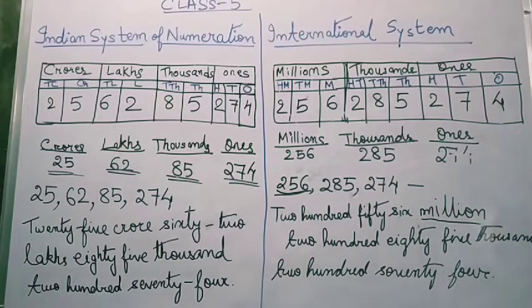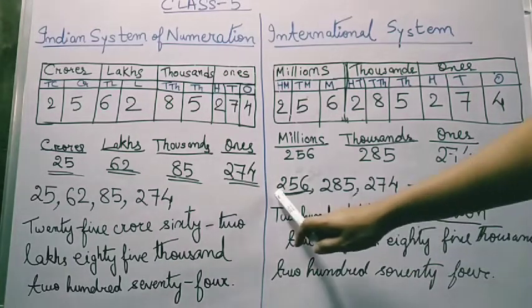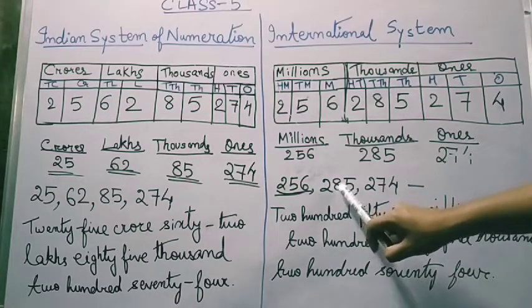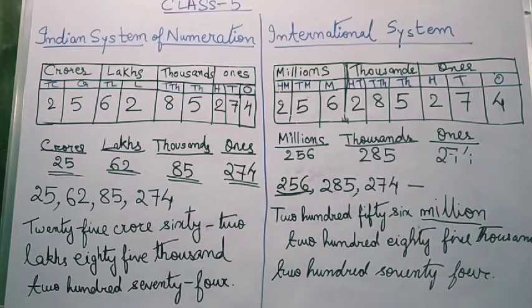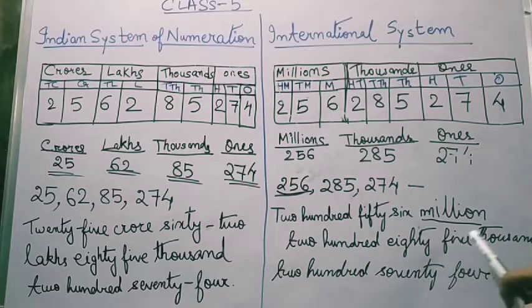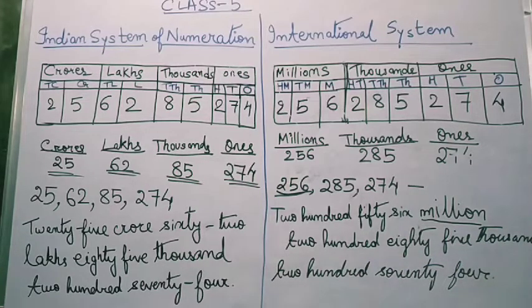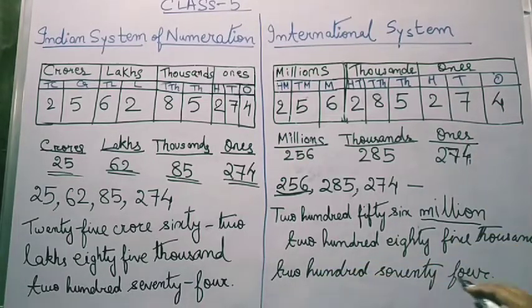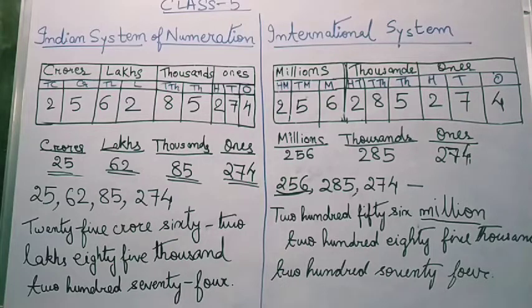In millions place. Yes or no? So, you will write 256 million. Then 285 in thousands place, 285,000. Then in ones place, what is the number? 274. So, this is the number name.